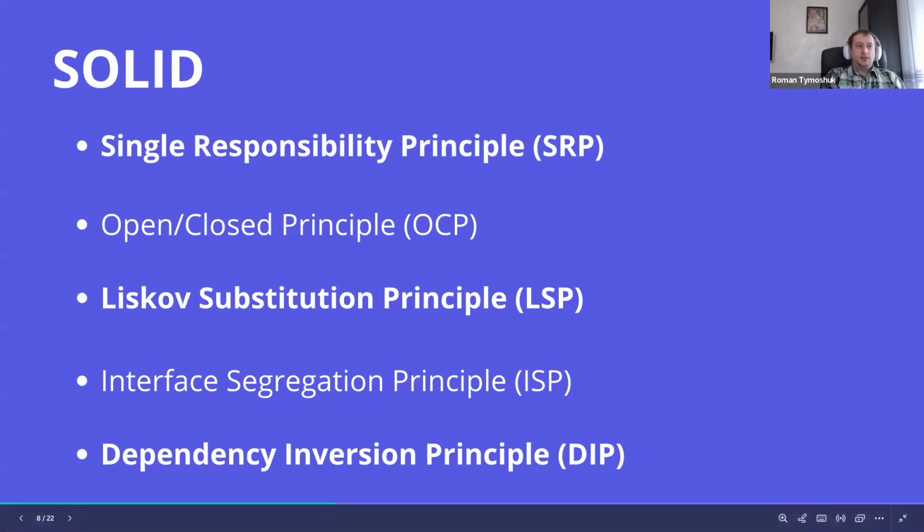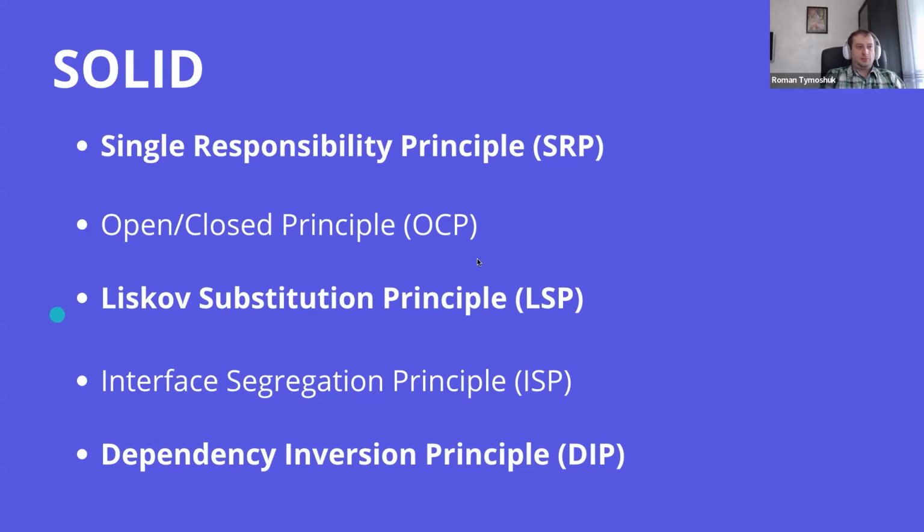Okay, interface segregation principle, ISP. I'll just quickly explain. Clients should not be forced to depend on interfaces they do not use, or, having many interfaces with just a single method is better than having only one that collects everything.